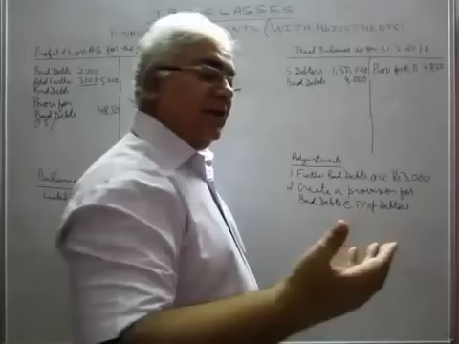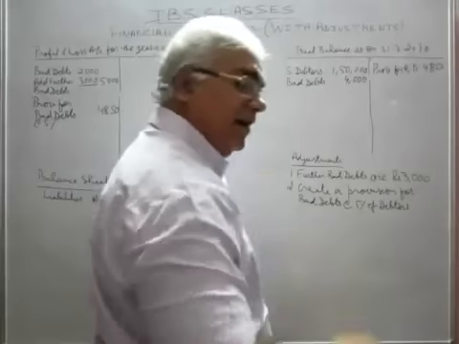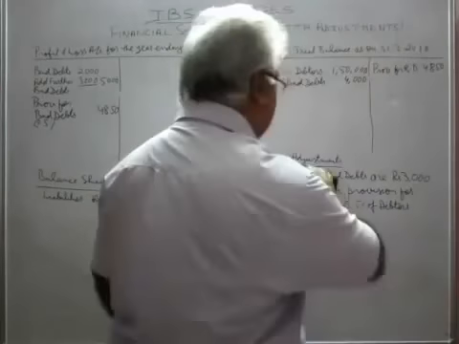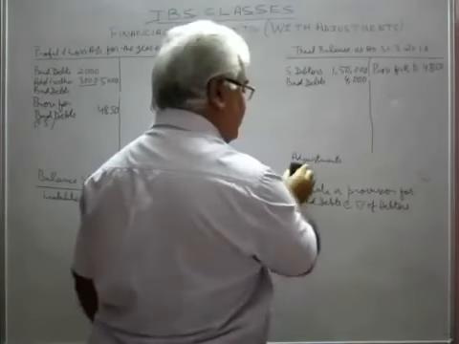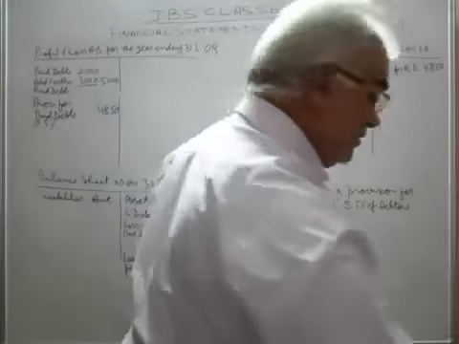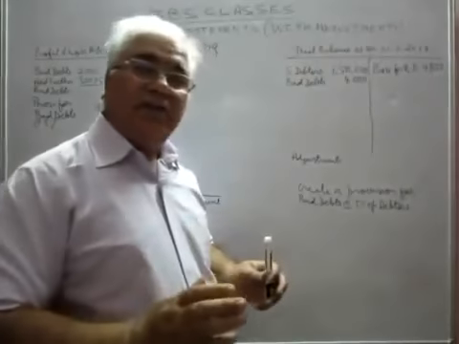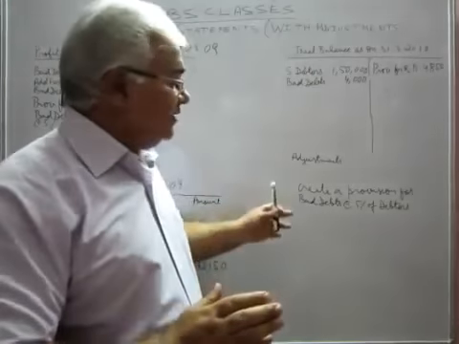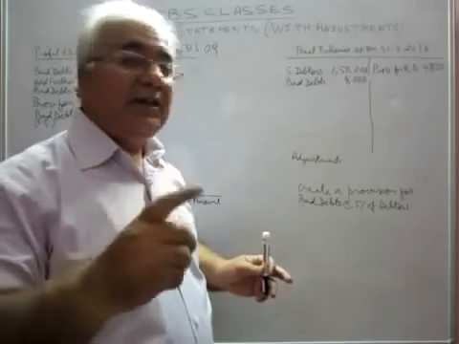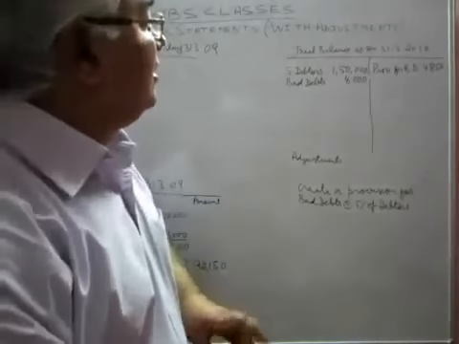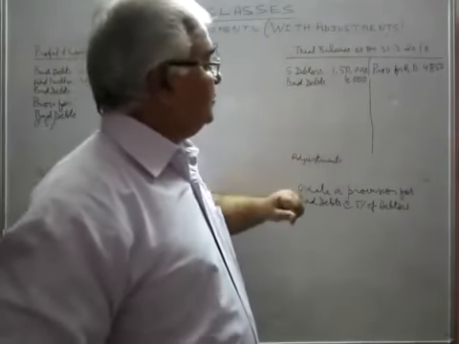Okay, and again this year the requirement is that create a provision for bad debts at 5% of debtors. So that means this year also we have to create provision at the rate of 5%. On which debtors? That is the amount of debtors we have here, 1,50,000.